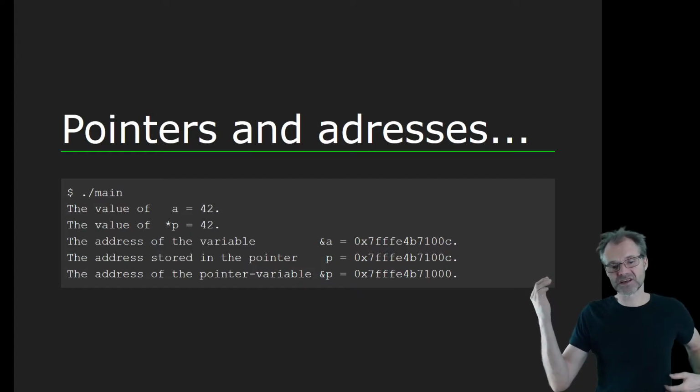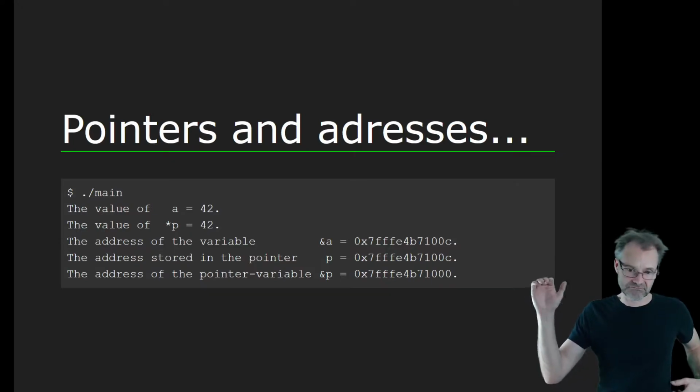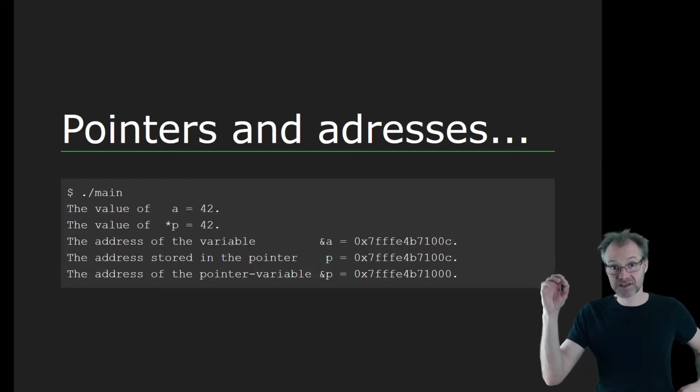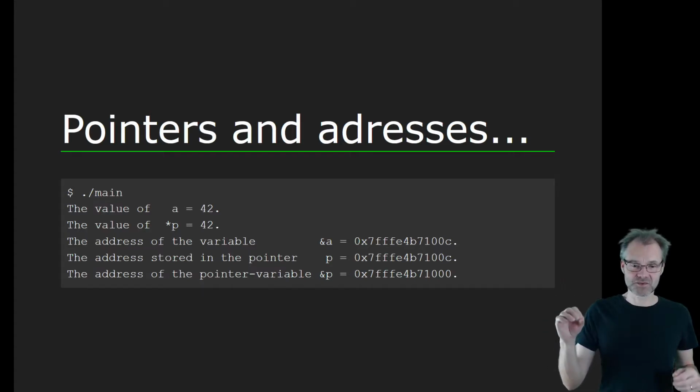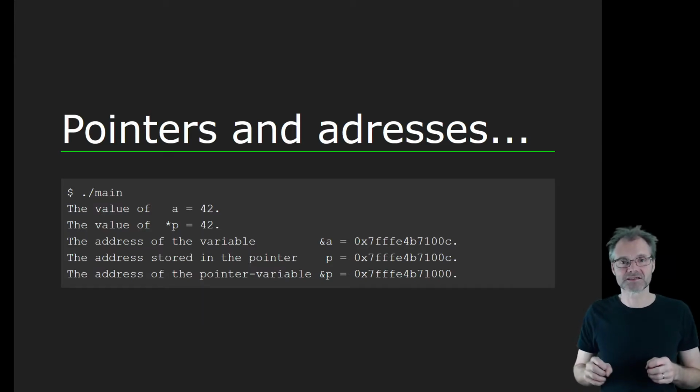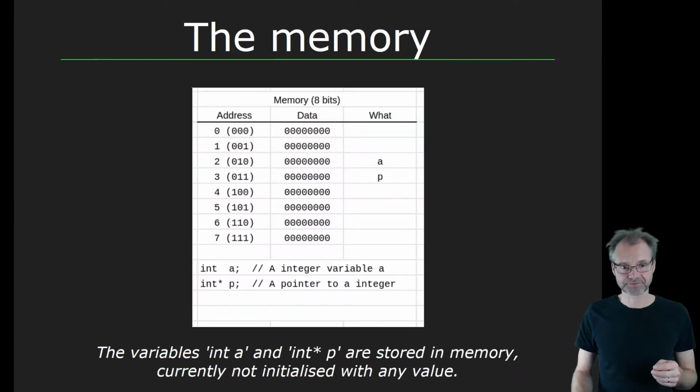I can also see that the p variable is stored in another place in memory, so it's close, but it's not the same. So this is a way to investigate how pointers, addresses and variables relate to each other.